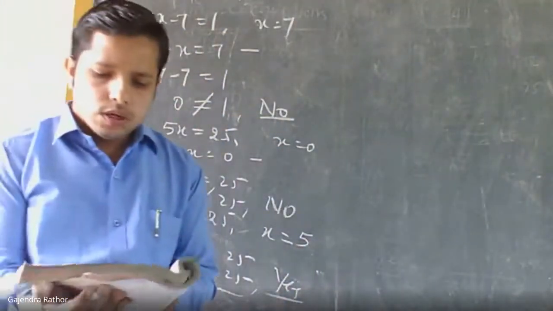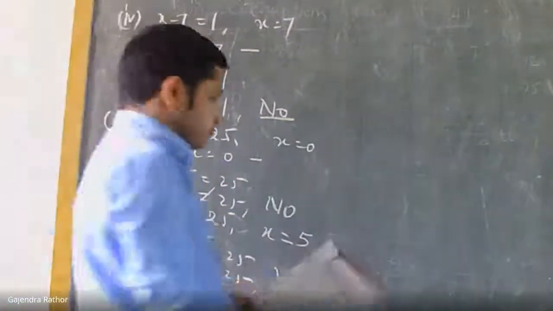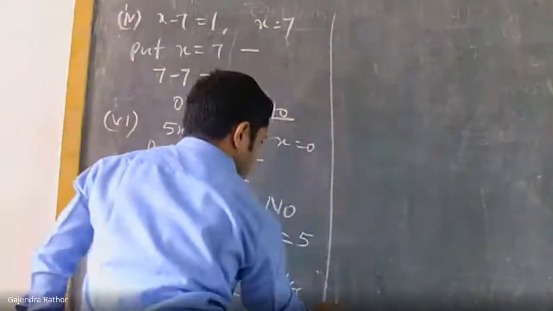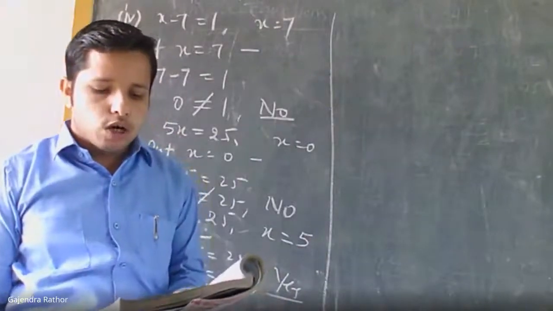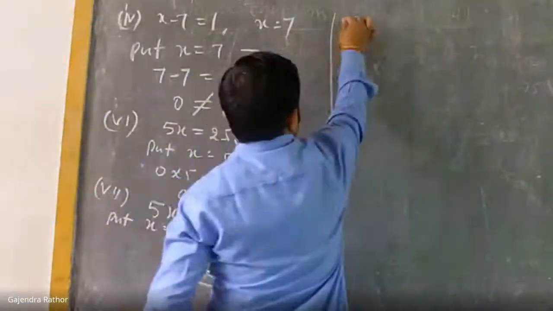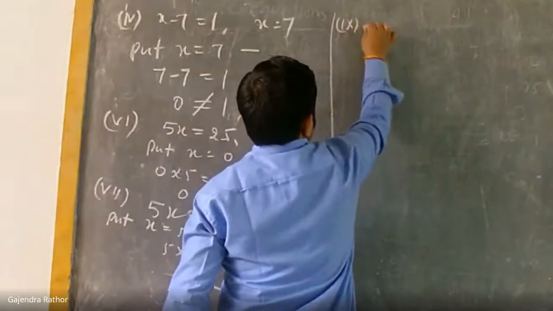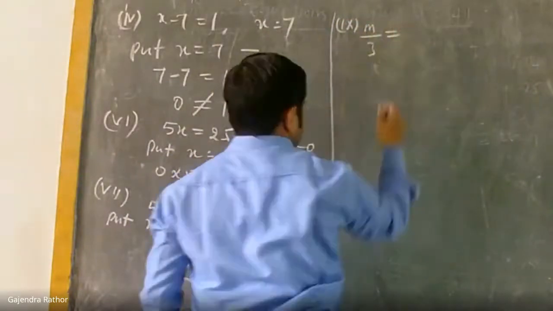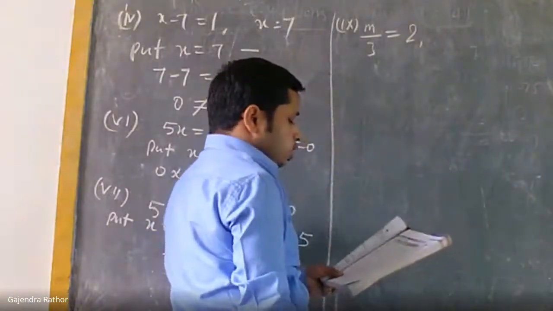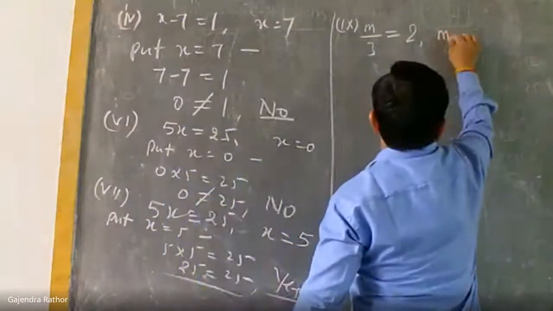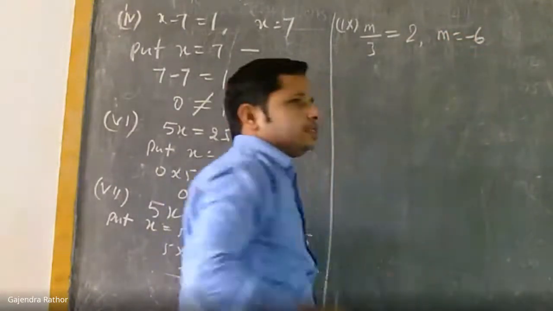Let's continue the same question. The point number 9, m by 3 is equal to 2. And the value given is m is equal to minus 6.